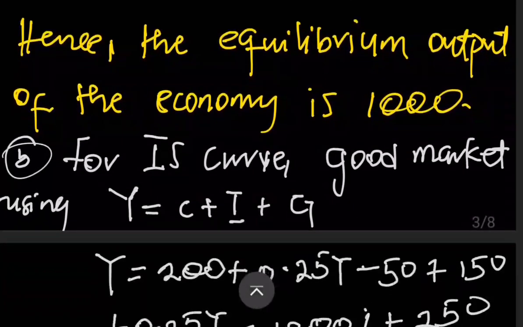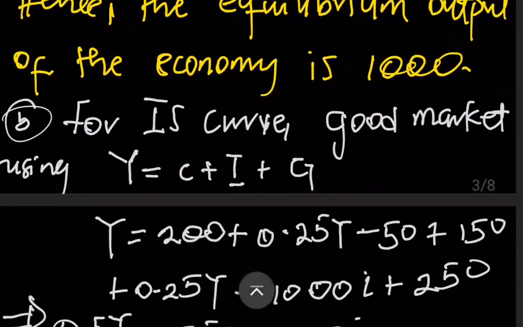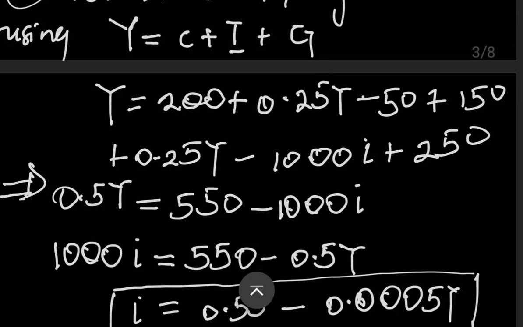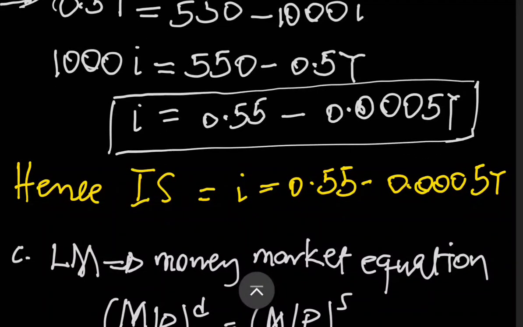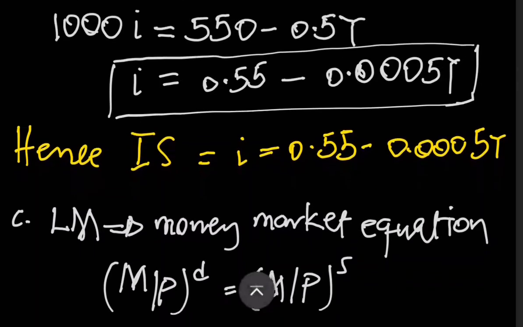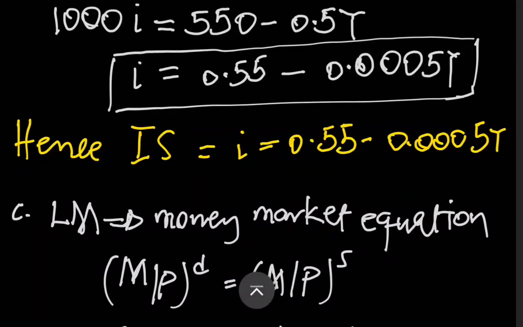And B also says you have to find the IS curve. So for the IS curve, goods market, using Y is equal to C plus I plus G, you substitute in your values and you realize that i will be equal to 0.55 minus 0.0005Y, and hence the IS is i equals 0.55 minus 0.0005Y.